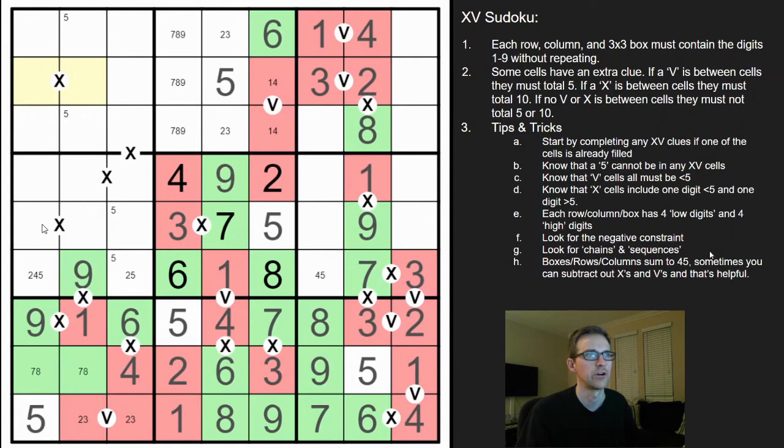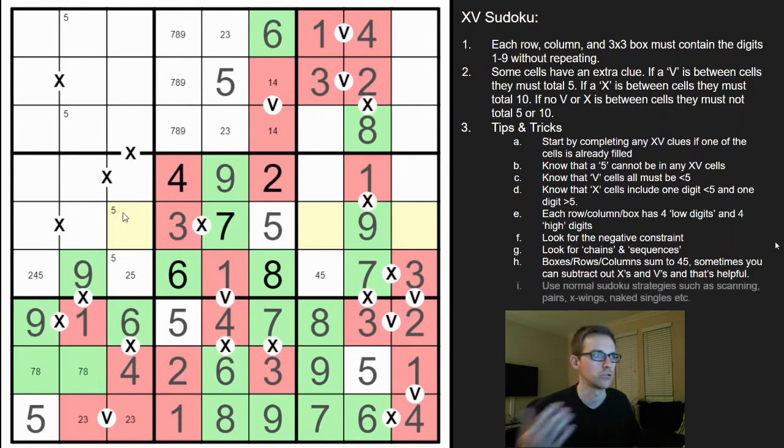If that row is 45, minus 10, 15, 24, 34, we know now that those 3 cells equal 11. Is that helpful? Not really, at least not here, but it could be in other puzzles down the road. So those are just some examples.